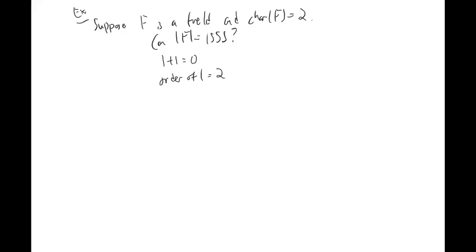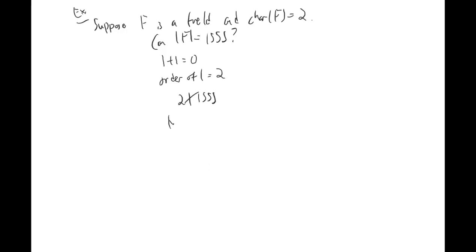So can it be possible? Can you use group theory? What does Lagrange say? If the order of F was 1555, what does Lagrange's theorem say? So 2 divides this, but that's not possible, right?